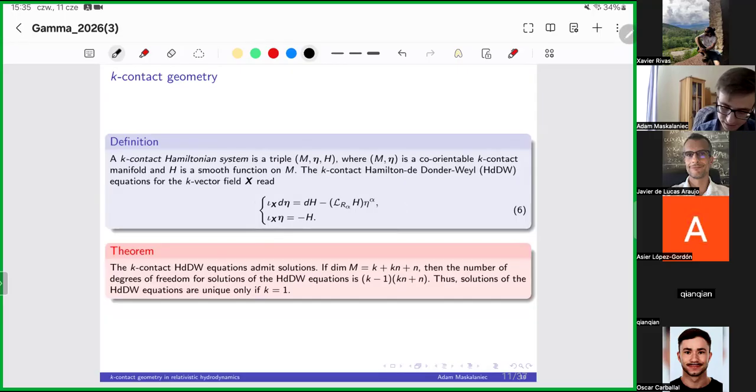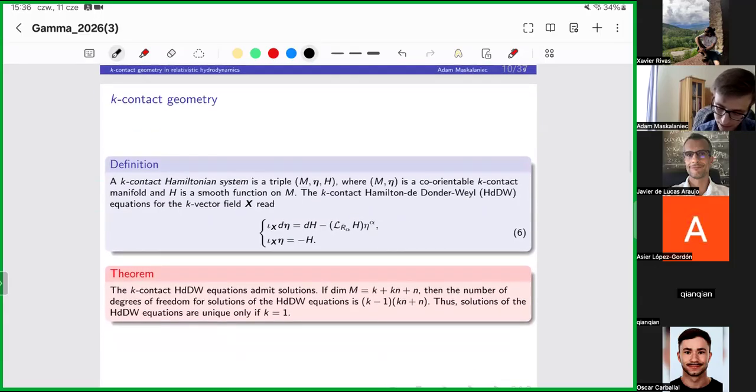And what is really an interesting feature of such k-contact Hamilton-de Donder-Weyl equations is that they admit solutions, although these solutions might be non-unique, especially when k is greater than 1. Then it turns out that those equations are non-unique, and the number of degrees of freedom of those solutions is (k-1) times (kn+n).